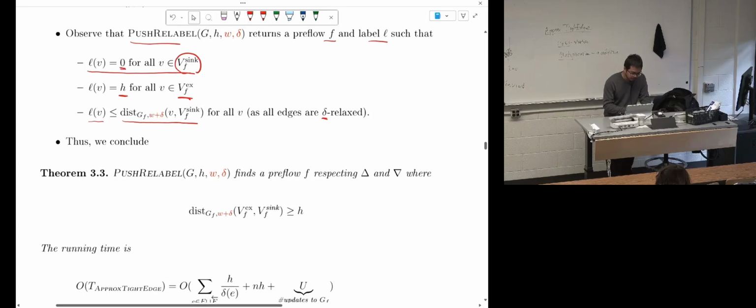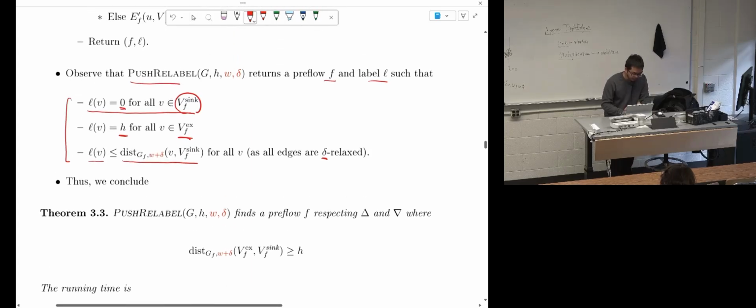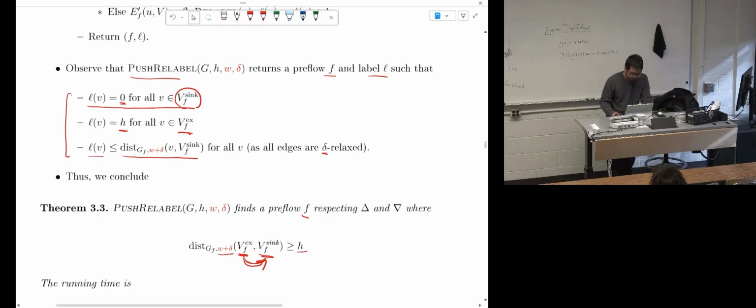And so from all this, we get a flow such that if you look at a node with excess and a node with sink, the distance from here to here in terms of this weight function is at least h.